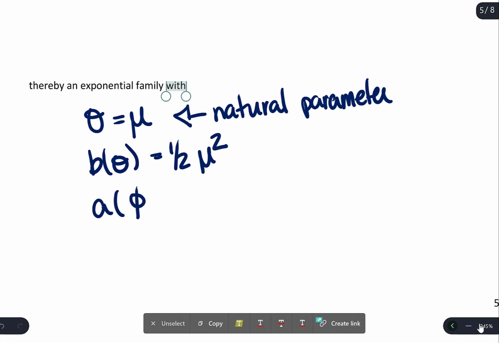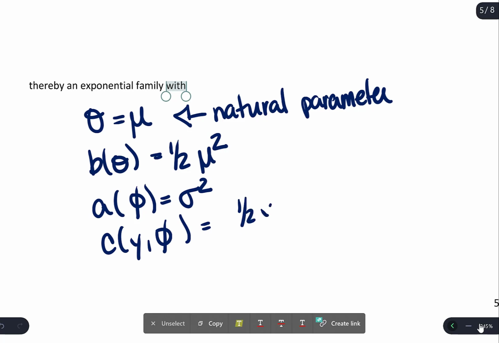A of phi is equal to sigma squared, and C of y and phi are equal to 1/2 y squared over sigma squared minus the log of sigma times the square root of 2 pi.